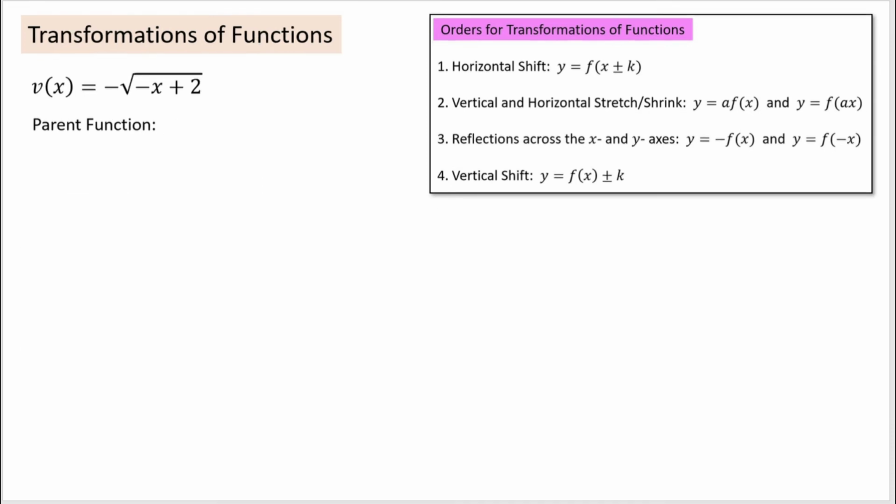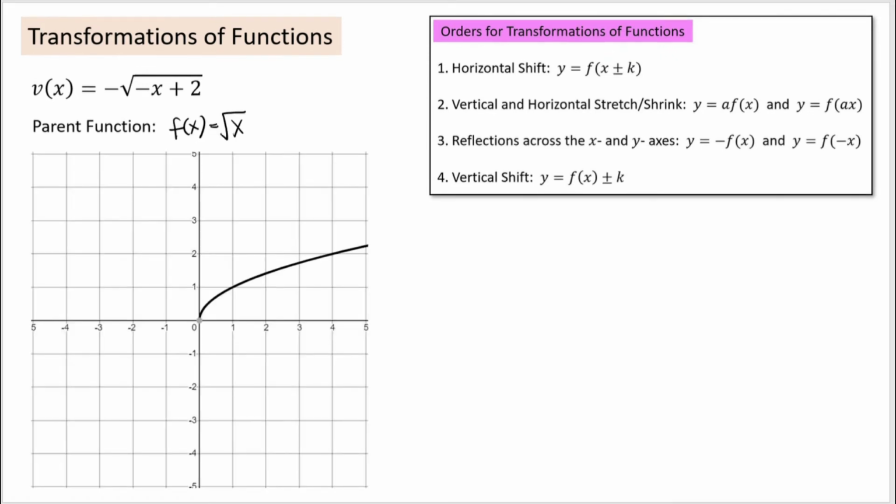Let's graph v of x, which is equal to negative square root of negative x plus 2. The parent function is square root of x. For the horizontal shift, we see that we have x plus 2 inside of the square root.